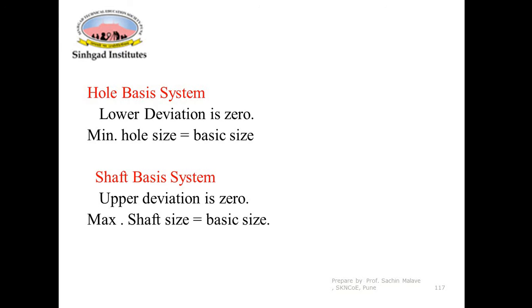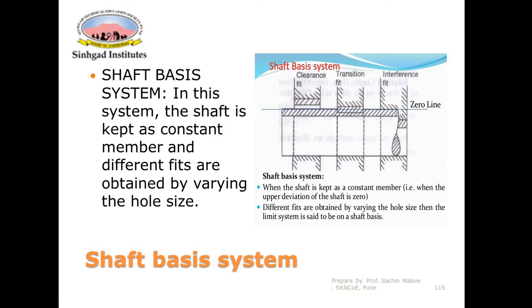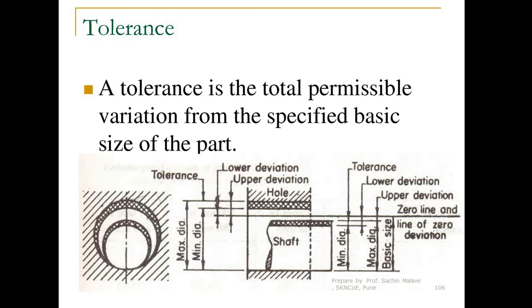Now in the case of the hole basis system, always remember that the lower deviation is 0. That is, the minimum hole size is equal to the basic size. So as you can see in this sketch, in the hole based system the lower deviation is 0.